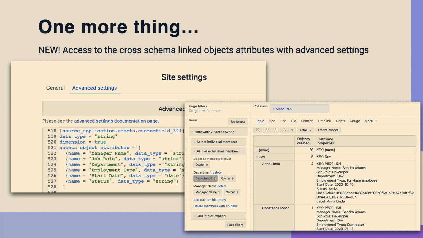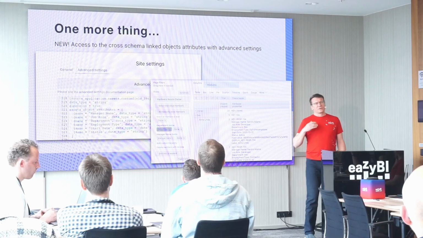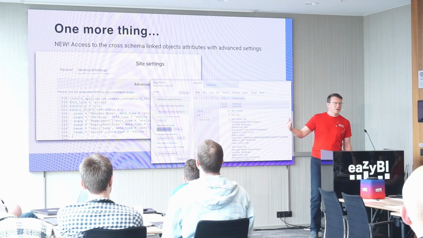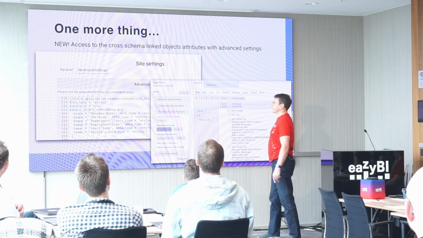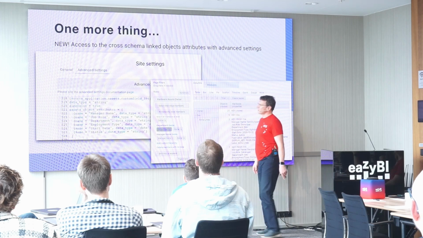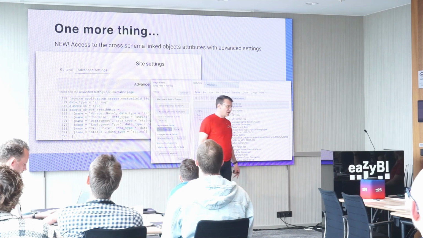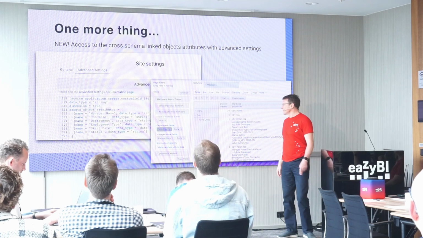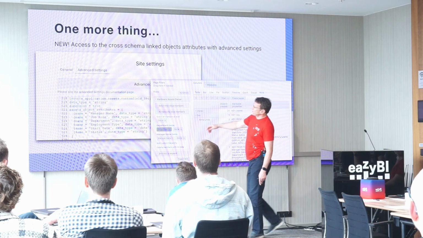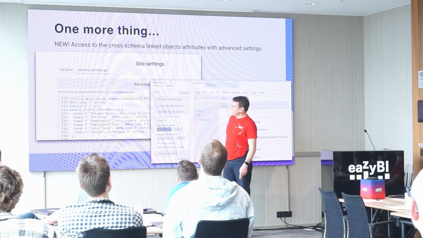Before I finish, one more thing. For those who follow what is new in assets data import, we often have requests from customers to use references to cross-schema referenced objects. Now it is available, it needs some additional advanced settings, and you can have those if the links are to an external schema.